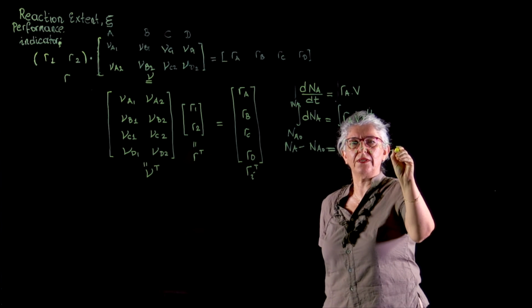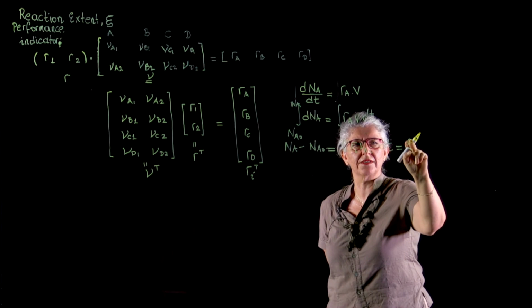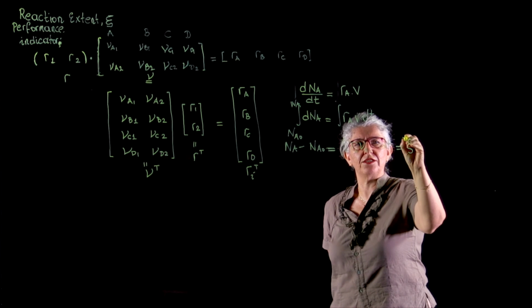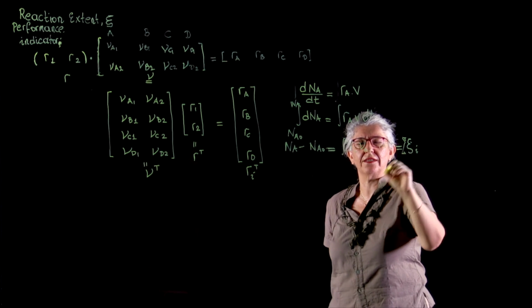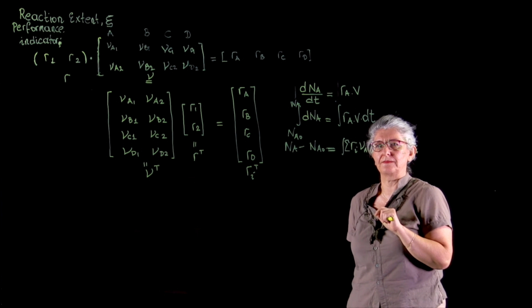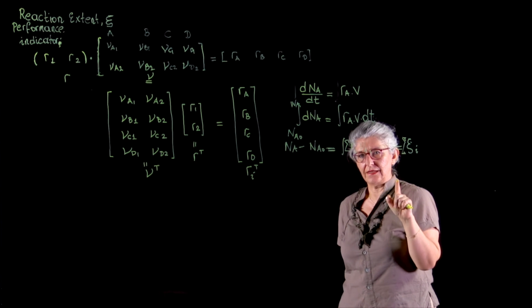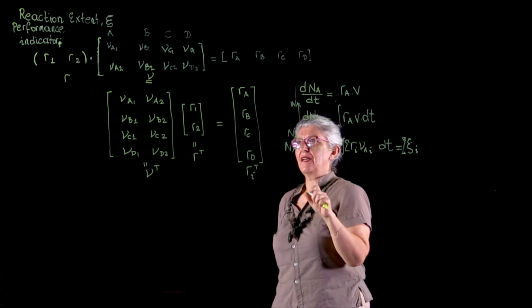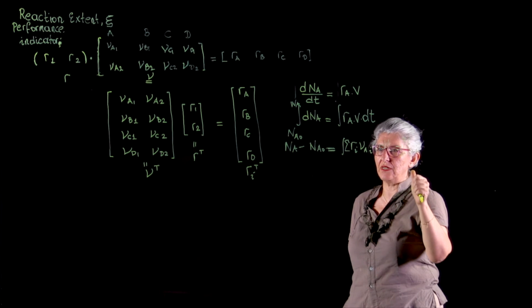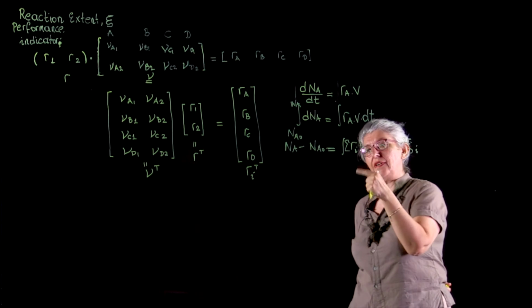And this should be equal to an extent of the reaction psi 1, summation over all the extents of the reactions that involve component A. So extent of reaction is the term that defines how many moles of component A is produced from reaction 1, how many moles of component A is produced from reaction 2, or vice versa, consumed.